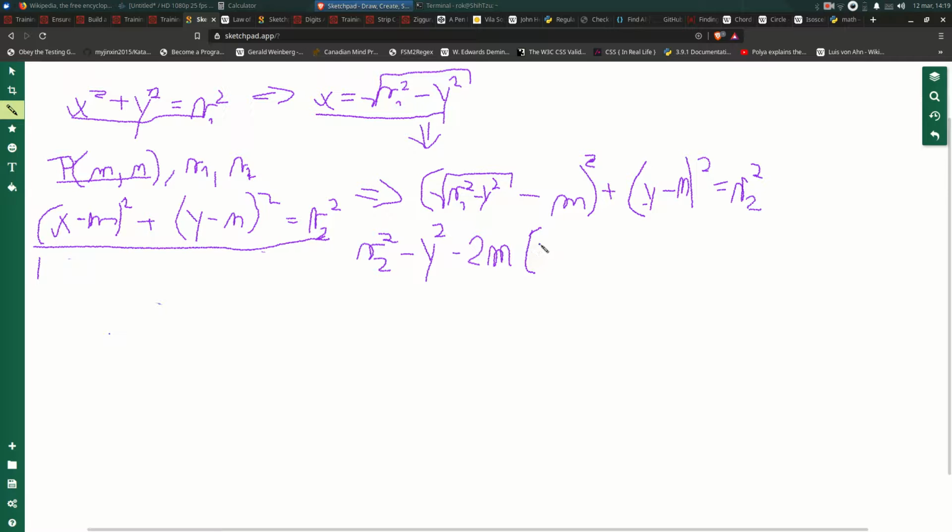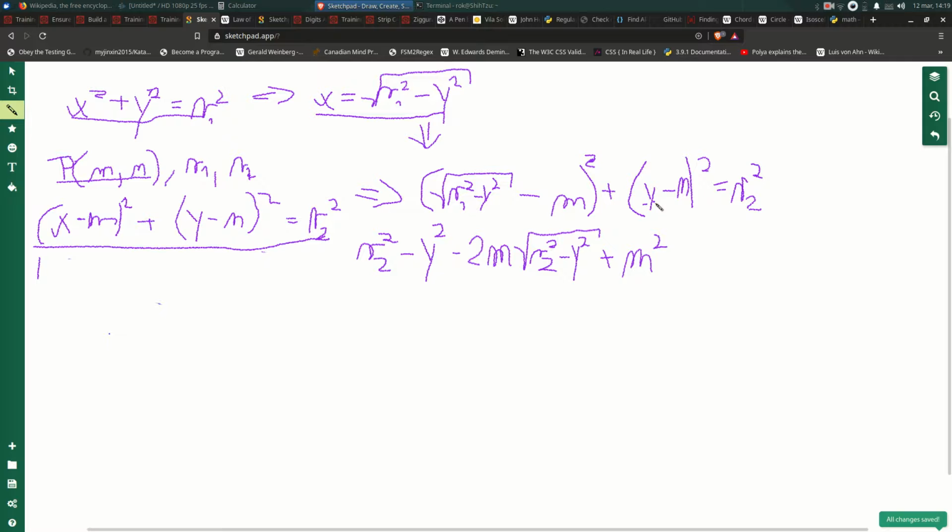Well, no need for parentheses actually. r2 squared minus y squared plus m squared.